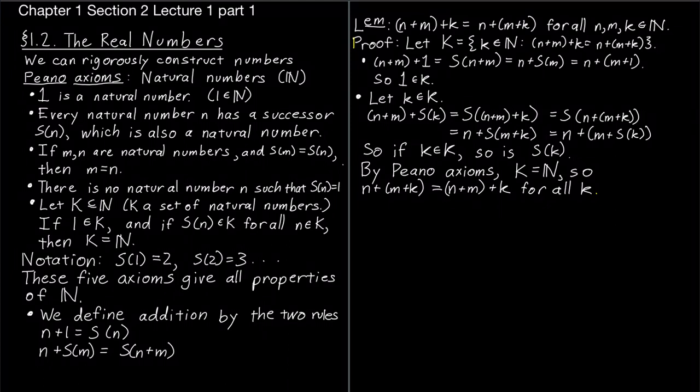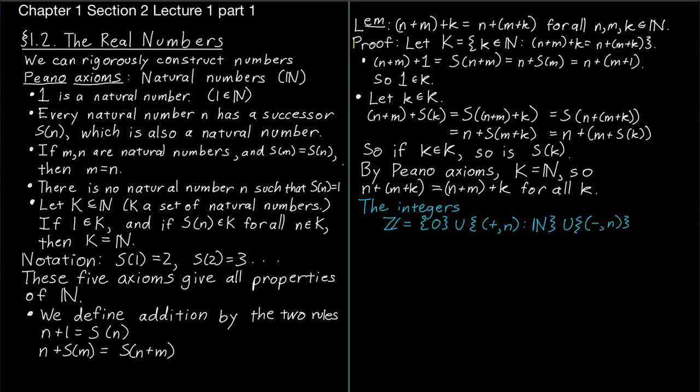So, for example, the integers. The integers Z, we're going to throw in one other number, 0, and then we're going to throw in the set of all ordered pairs where one element is a natural number and the other element is either plus or minus.